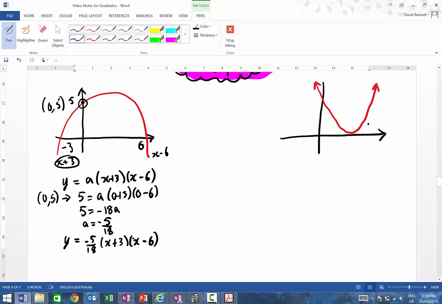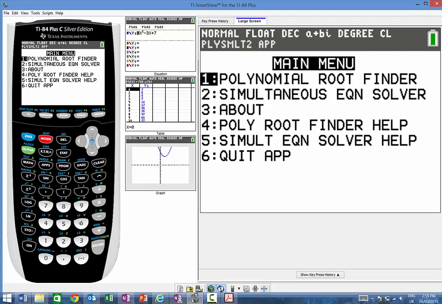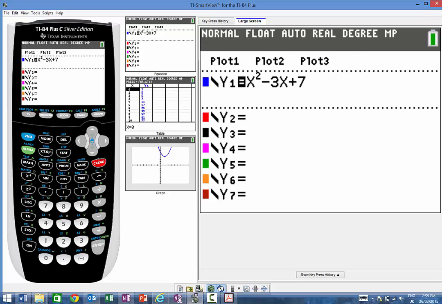I just want to check that to see what happens. So if I quit out of there, and go y equals, just clear this function.